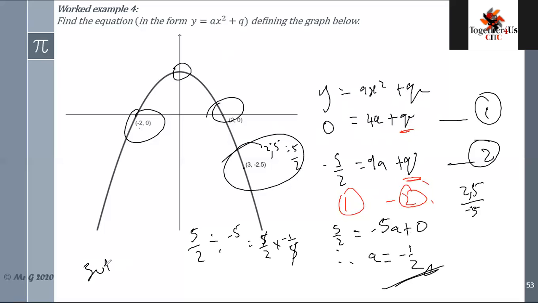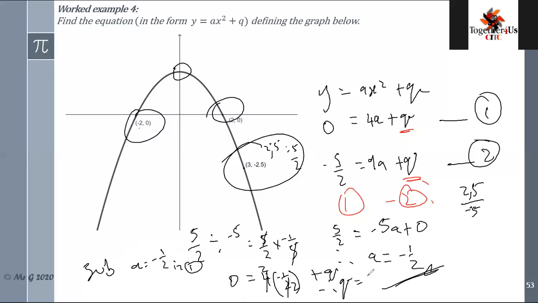So substitute, remember, substitute a equals negative half in equation 1. So I have 0 is equal to 4 into a negative half, okay, plus q. Now you can see why I chose this. It's nice. 2 goes twice into 4, so I have a negative 2.